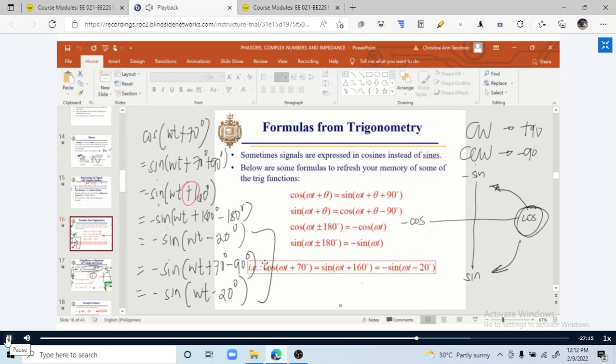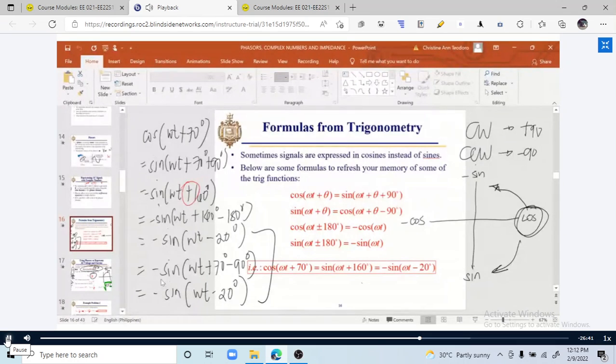But what if you use cosine omega t plus 70 degrees and convert it into equivalent negative sine? Will you come up with the same answer? It should be the same answer. If you have cosine omega t plus 70 degrees and you want to convert it into negative sine, going from cosine to negative sine you will be in the counterclockwise direction, so it must be minus 90 on the angle.